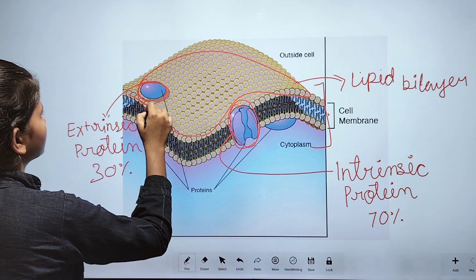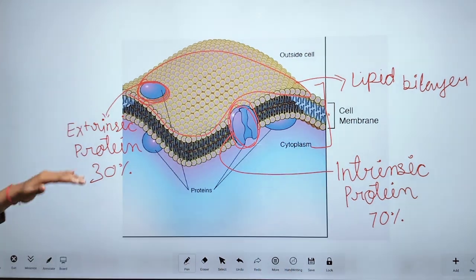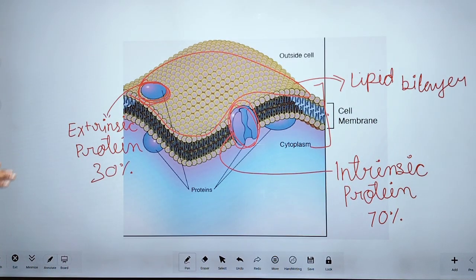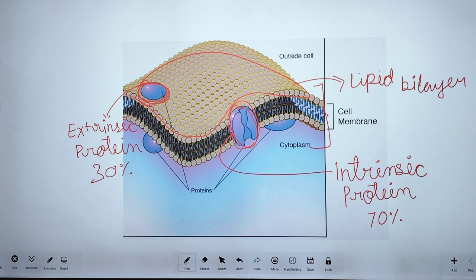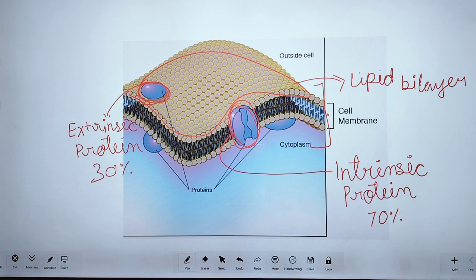The outer protein is known as extrinsic protein, which is present only 30%.